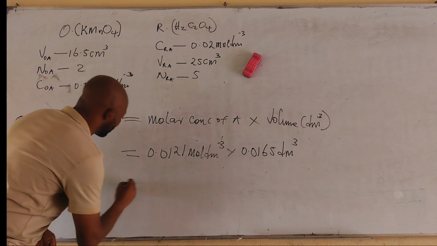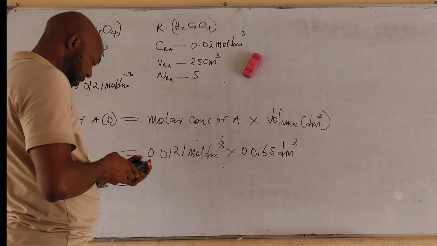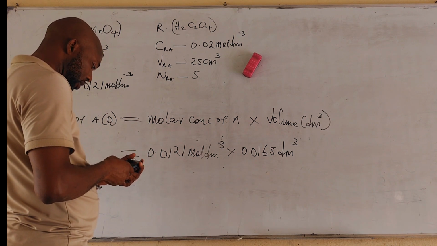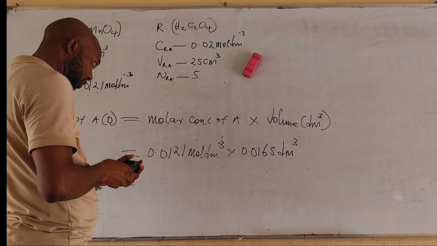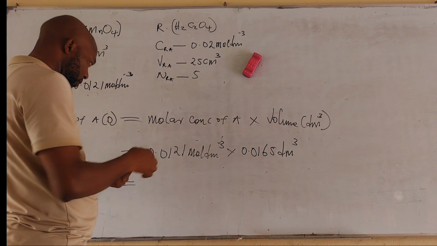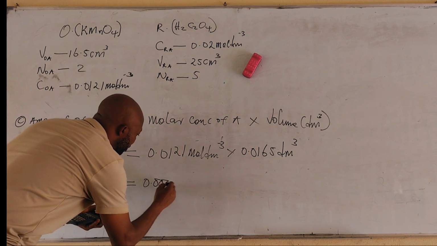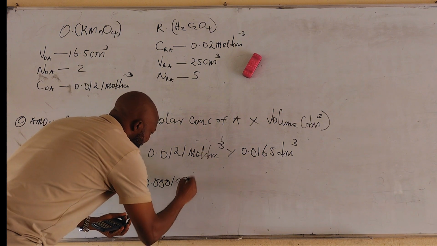And this is equals to, if I multiply that, let's see what we get. We have 0.0121 times 0.0165, and the amount is 0.000199.